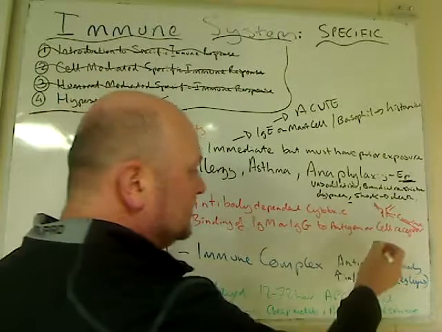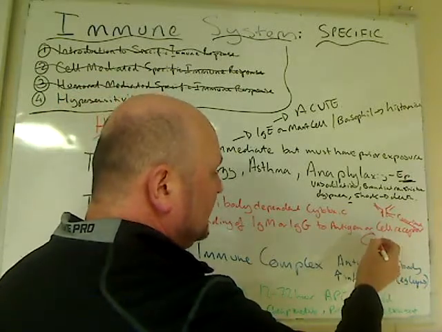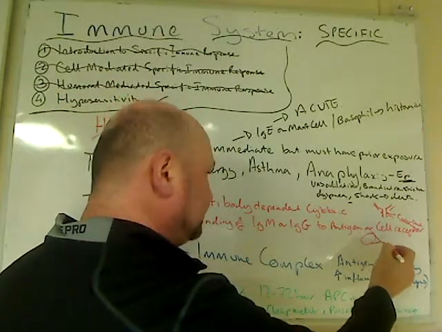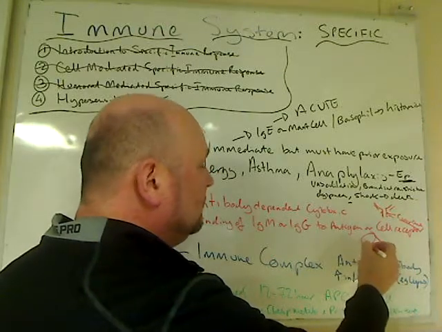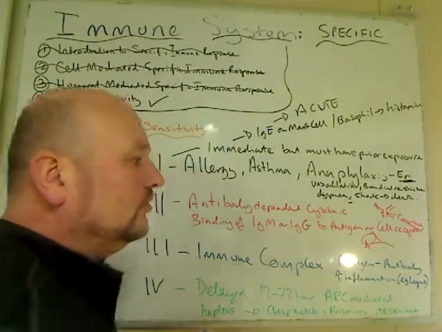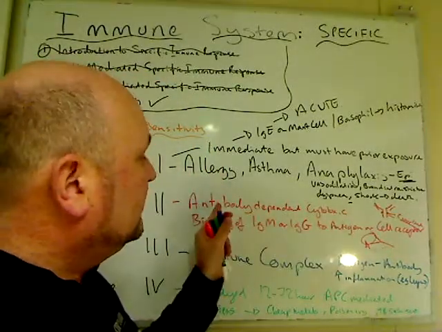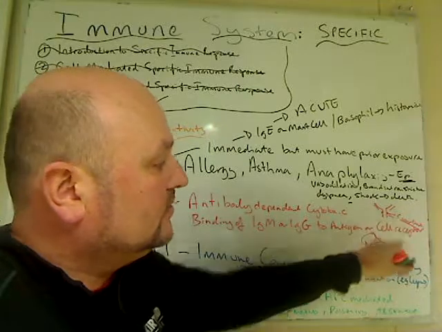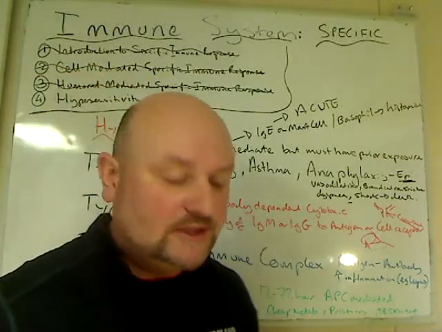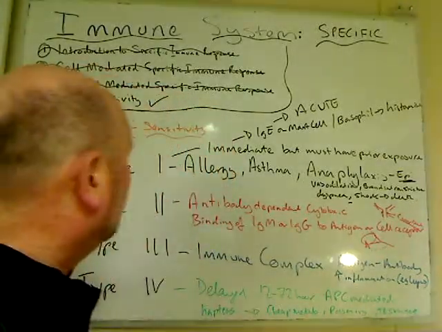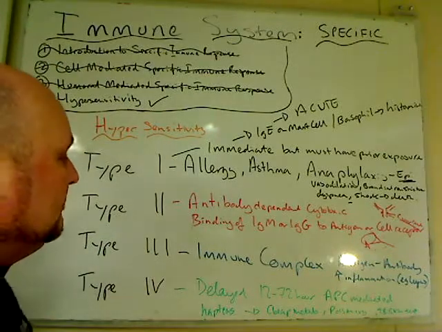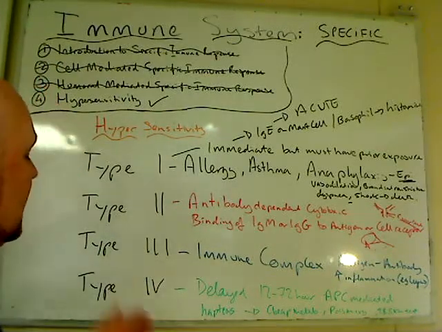So once it's bound to the cell, it can activate complement to actually punch a hole in the side of that target cell. So it's a cytotoxic because of the antibody binding it and causing the complement then to create a hole in the cell it's bound to.